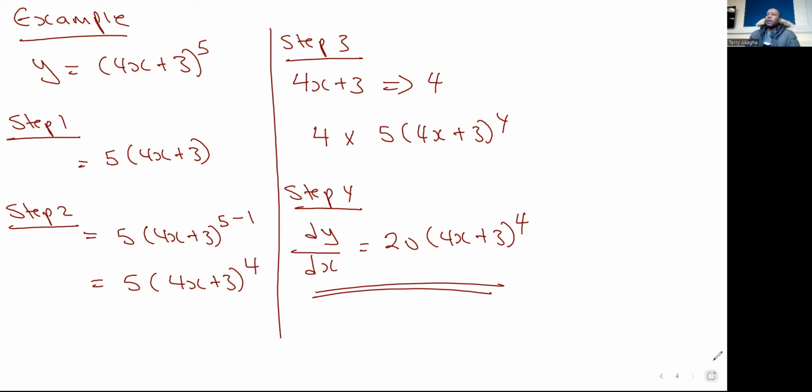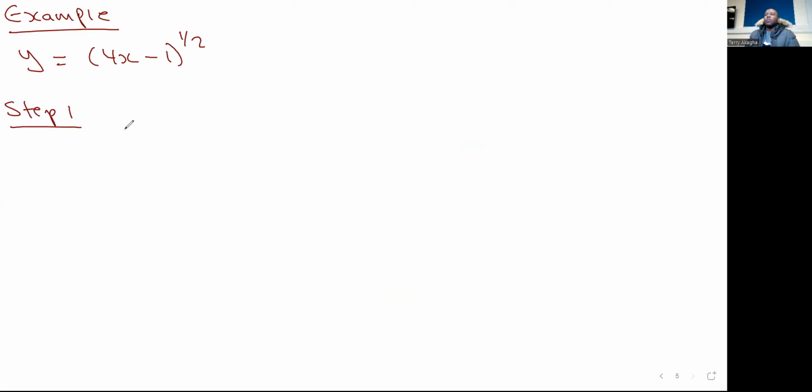All right, let's pick one more example for this. Let's assume we have y is equal to (4x - 1) raised to the power half. We'll do the same thing. Step 1, you bring down the half, so it's going to become 1 over 2 into bracket (4x - 1).